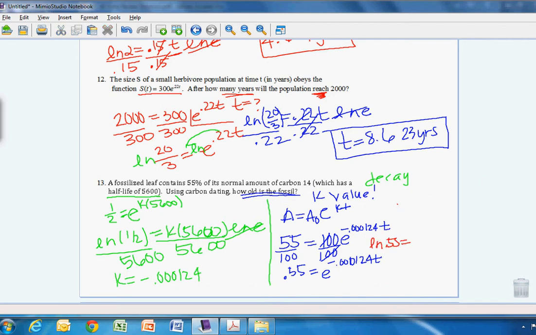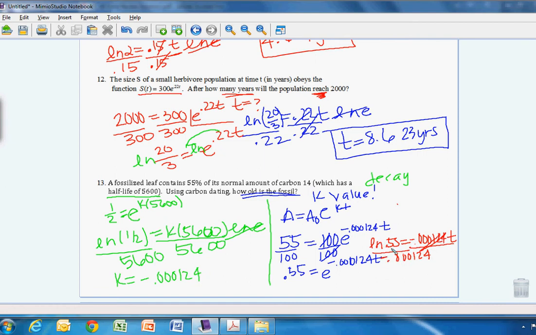Okay. So then I'm going to have my negative 0.000124 t, which would be the natural log of e, but that's going to cancel out. So I'm going to leave that off. I'm going to divide both sides by this number, 0.000124. So then t is alone.